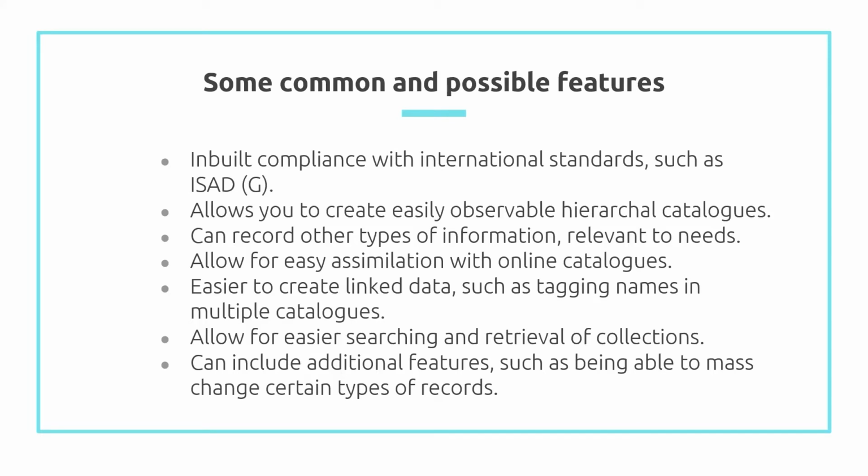And of course, sometimes they'll offer additional features, such as being able to mass change certain types of records or certain types of information. But that said, I would always recommend extreme caution with that. So as I say, every software is different, but these are some of the most common and useful features as far as I can see.